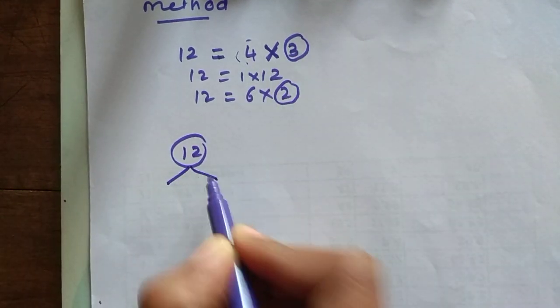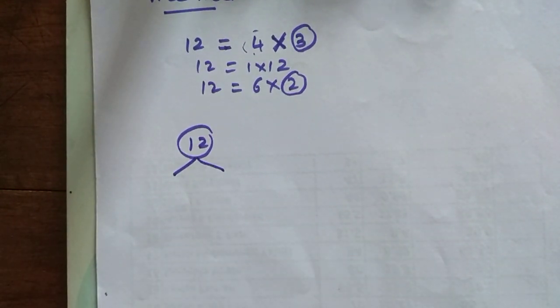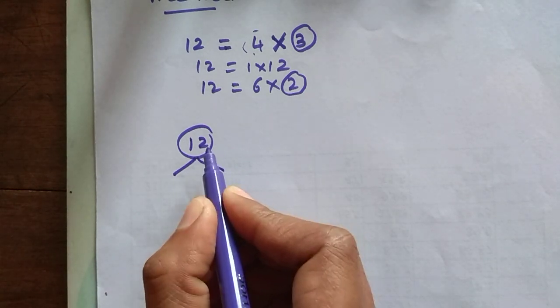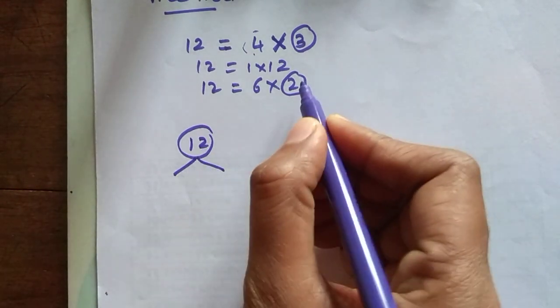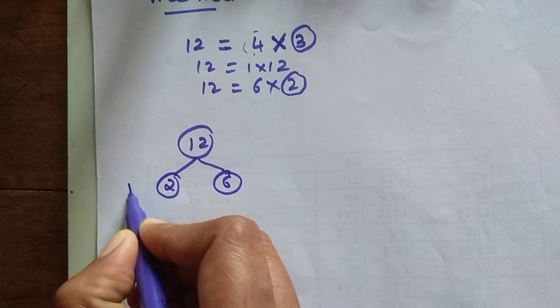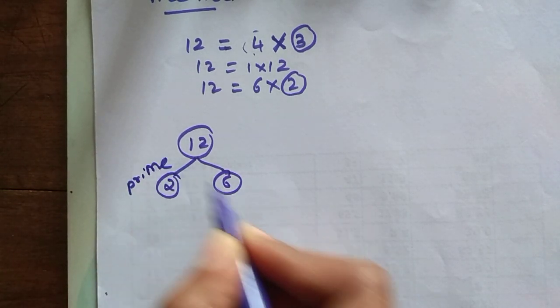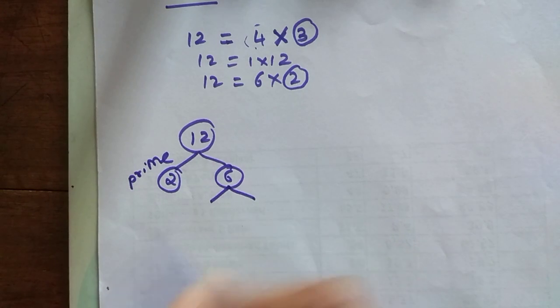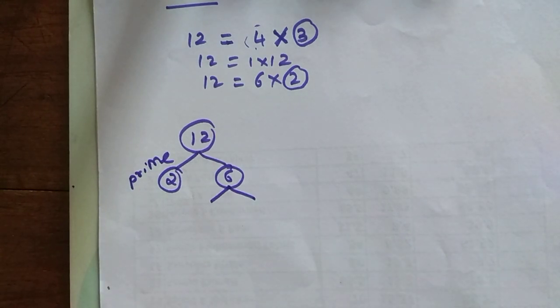So now we'll see. Start with a prime number. 2 is a prime number and we can divide 12 by 2 because 2 sixes are 12. Once you get a prime number, stop, and spread out this 6. 6 is divisible by 2, and even by 3, so you can take any factor.